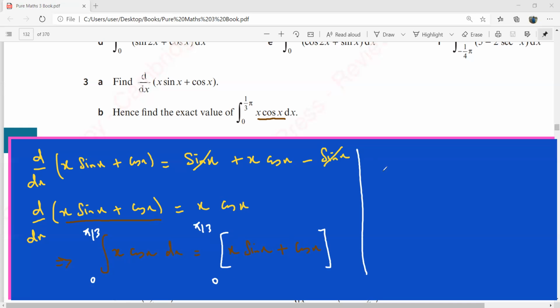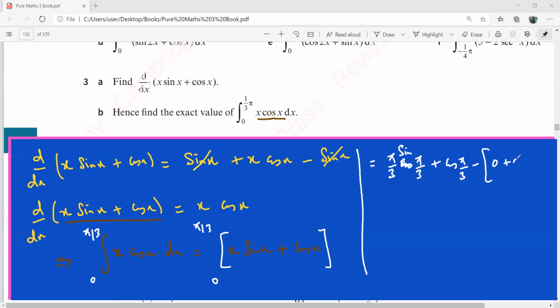When you put in the limits, please be careful of the 0. Sometimes we think that when you put 0, everything is going to be 0. But be very careful in the case of cos x and e raised to power x, because cos 0 is 1. So this is pi by 3 sine pi by 3 plus cos pi by 3, minus, when you put 0, 0 into sine 0 is 0, and cos 0.